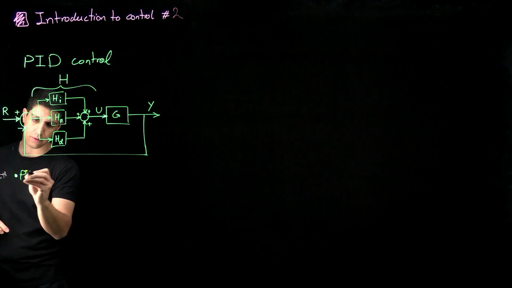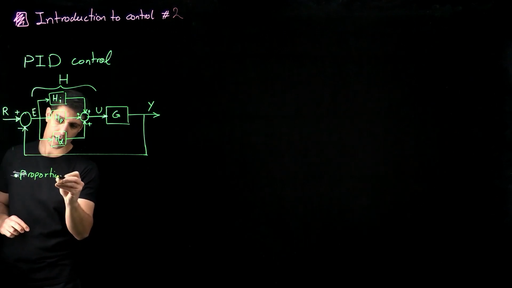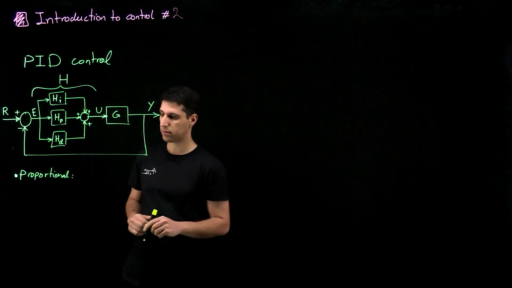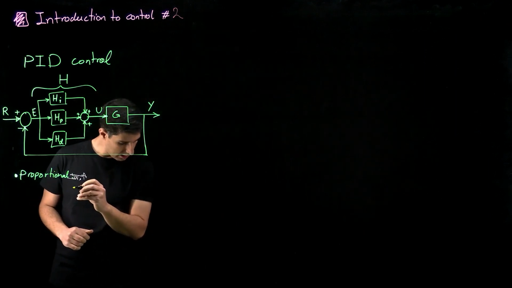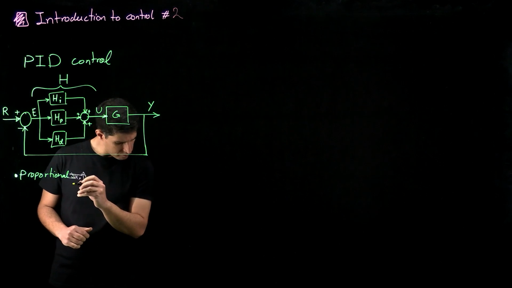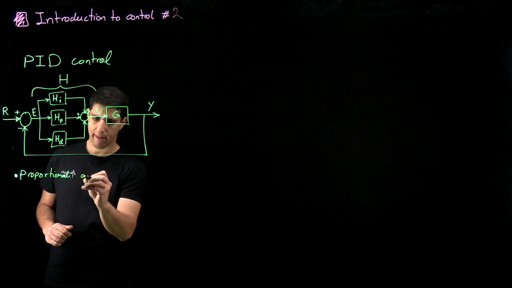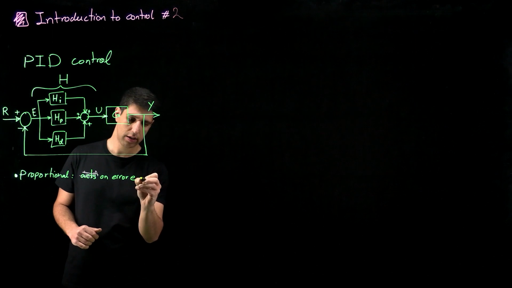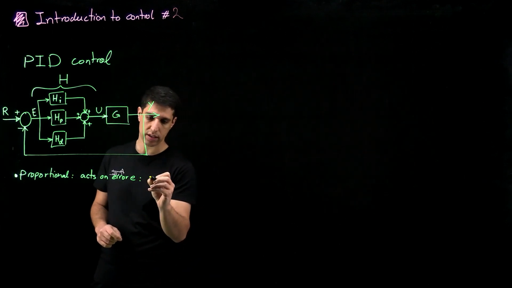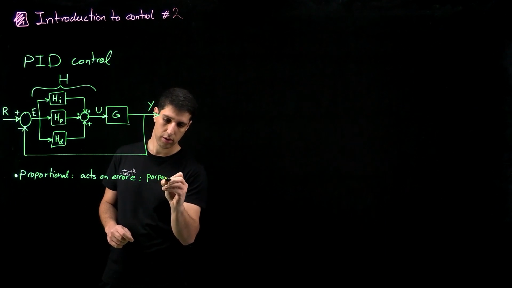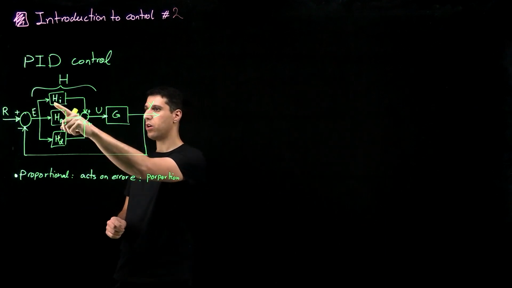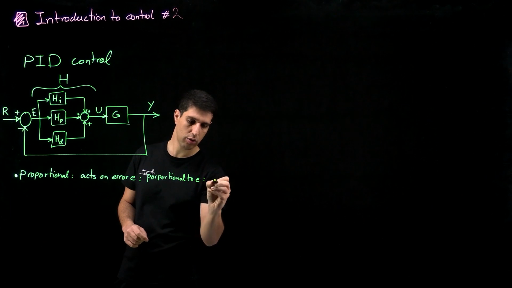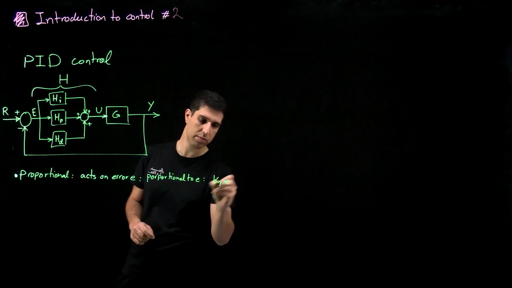So first one is the proportional. If I have this error signal, it acts on error E, and by that we mean the output of this module is proportional to E, or it is some Kp times error.